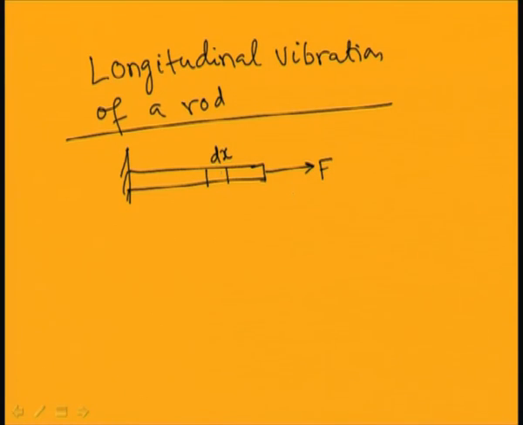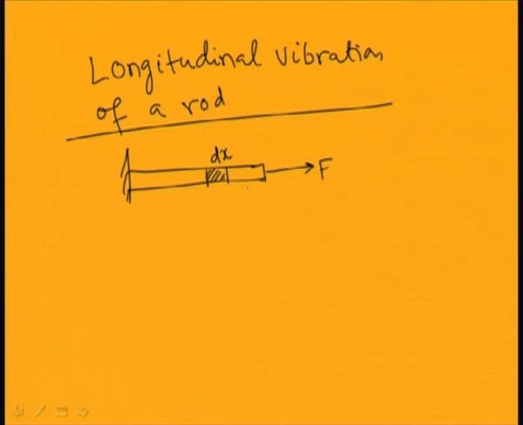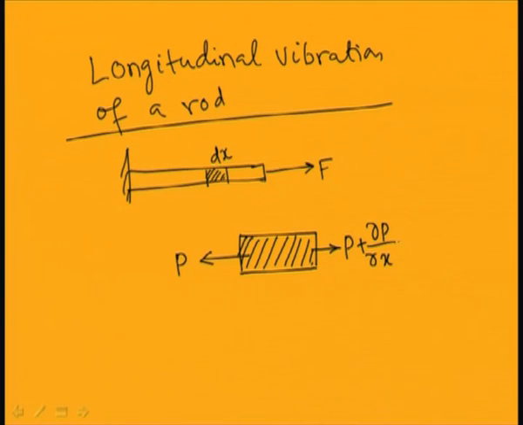So let me take the small element dx, which is at a distance x from the fixed end. So in this case I can write the forces acting like this. This is the small elemental length and the forces acting are, on this side let me apply the force P and on this side the force will be P plus del P by del x into dx.